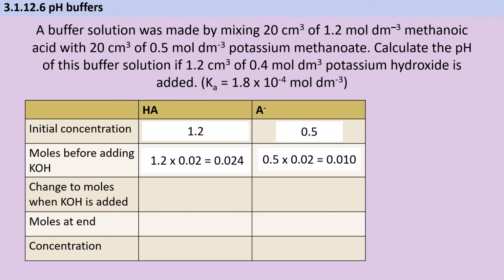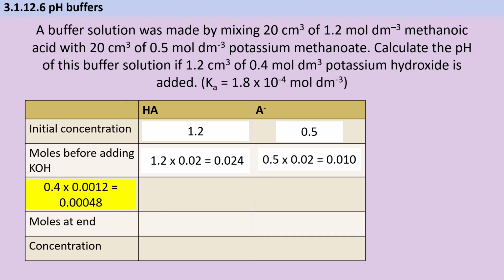So potassium hydroxide, again, is a monobasic alkali, so for every 1 mole of potassium hydroxide there is 1 mole of hydroxide ions. So it's really straightforward, and it's also exactly the same as the previous question. So if I multiply the concentration of potassium hydroxide by the volume that I'm adding, I get 0.00048 moles.